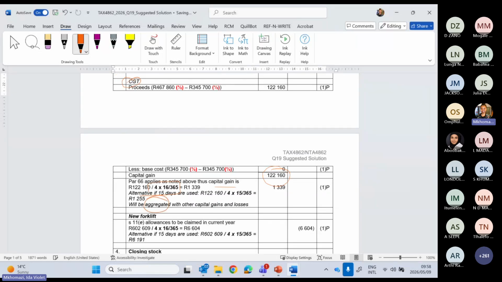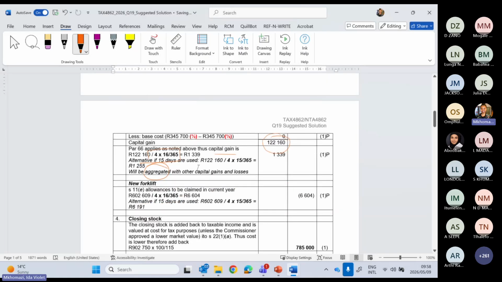You aggregate it with your other capital gains and losses. The other thing for transaction 3 that you need to remember is that there's a new truck, right? So do not forget to claim the 11E allowances for the new truck using the same rate of 4 years multiplied by 16 over 365.